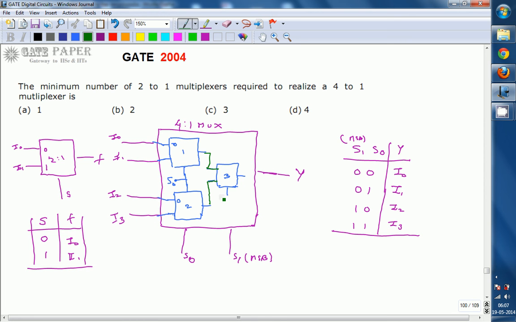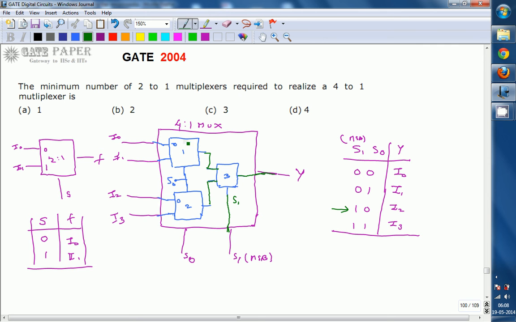This is going to be connected to S1. So S1 is connected as the select line for the third multiplexer, and the output is directly connected to Y. Now let us check the combination S1 S0 equal to 1 0.